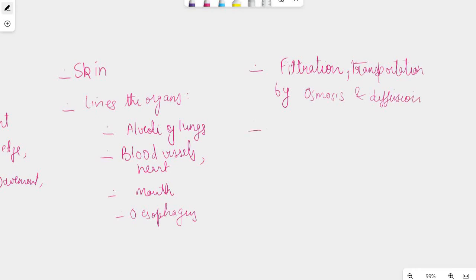And secondly, protection for the underlying parts of the body from mechanical injury and the invasion of germs. So protection against mechanical injury and invasion of germs.